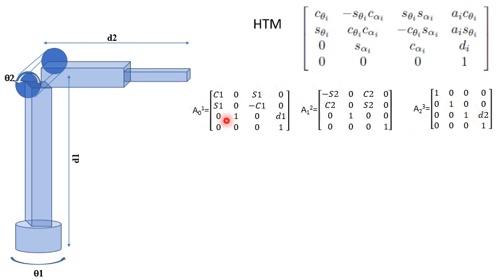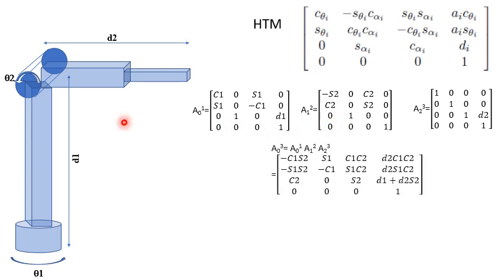Once you have the three individual transformation matrices, you multiply all three to get the A03 transformation matrix as follows. From this matrix, we know that the x coordinate of the tooltip is d2c1c2, the y coordinate is d2s1c2, and the z coordinate of the tooltip is d1 plus d2s2.